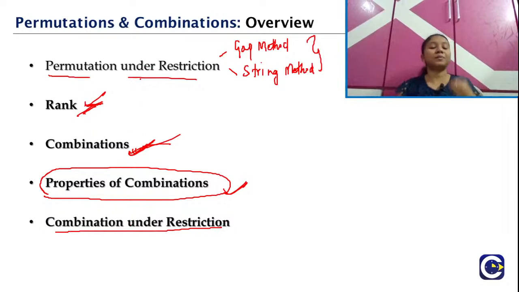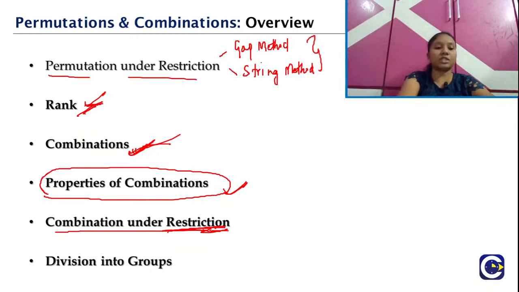Just as we have seen permutation under restriction, in the same manner there will be some restrictions even for combination. So those corresponding restrictions and the related formula required for that particular restriction, we are going to cover here.